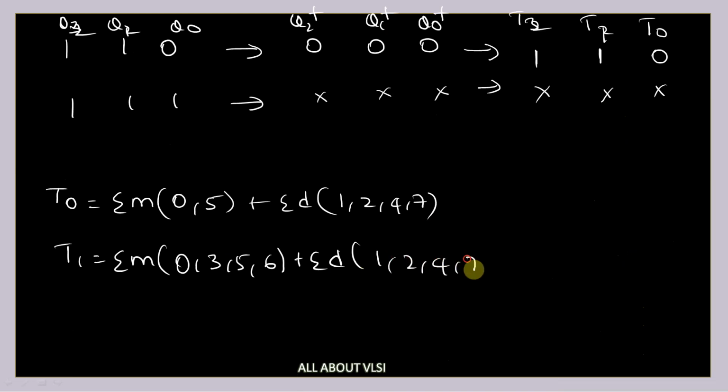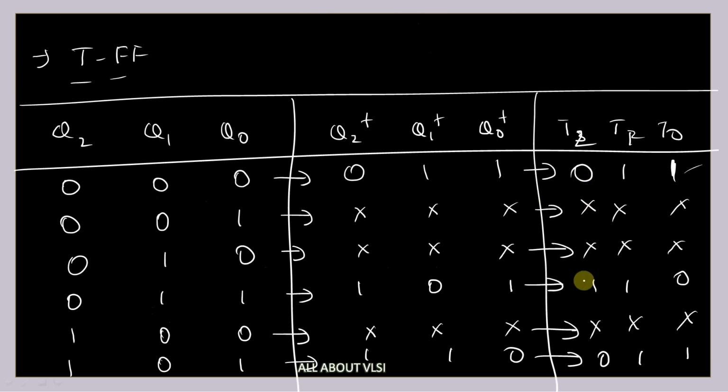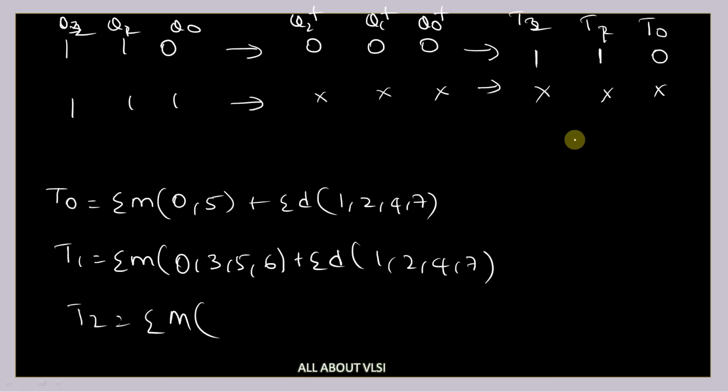Don't cares will be the same for everything. Sigma m. And what is my T2? T2 is nothing but 3 and 6. And my don't cares are 1, 2, 4, and 7.